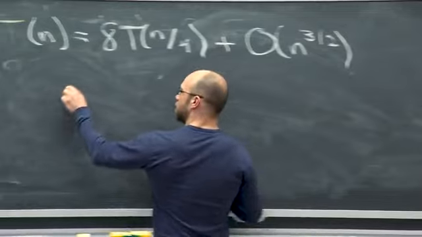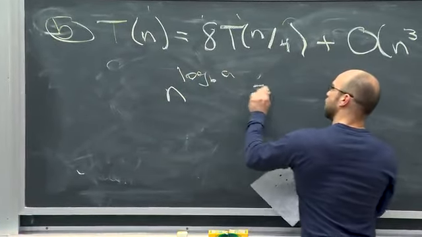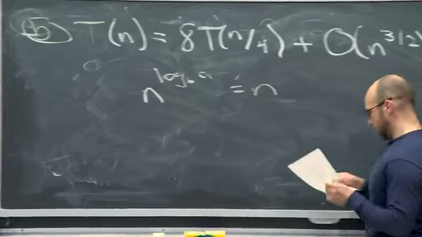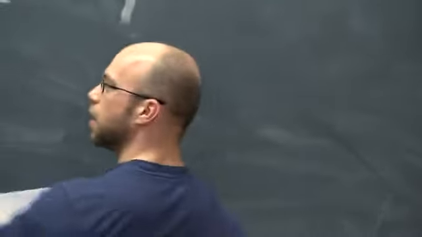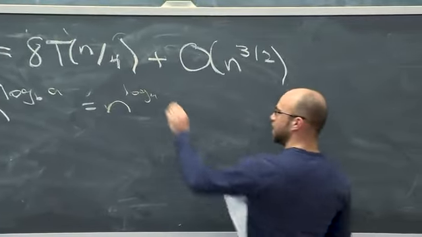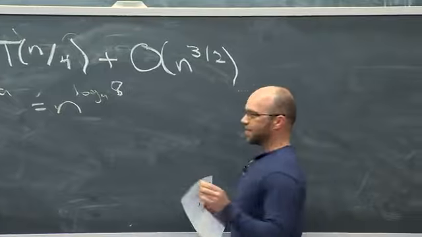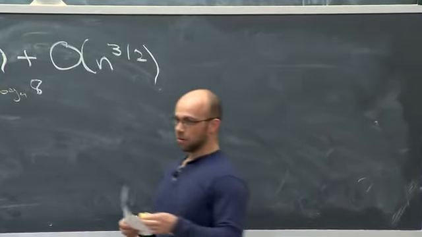Okay, so first let's apply the Master theorem. So what is n to the log base b of a in this case? Well, what is b? 4. What is a? 8. Anybody know log base 4 of 8? Wow, you're good.